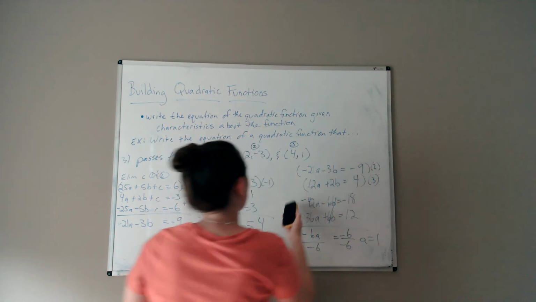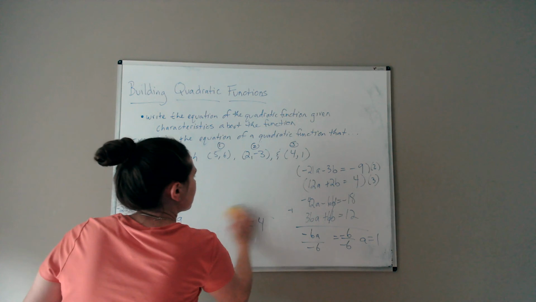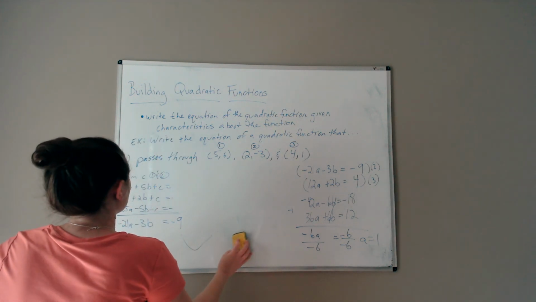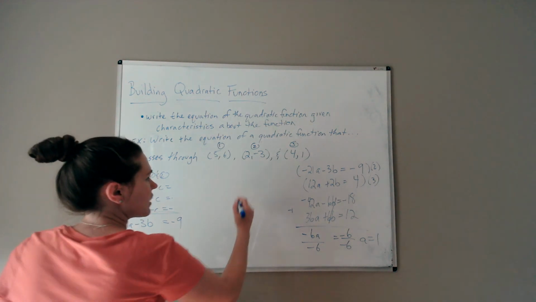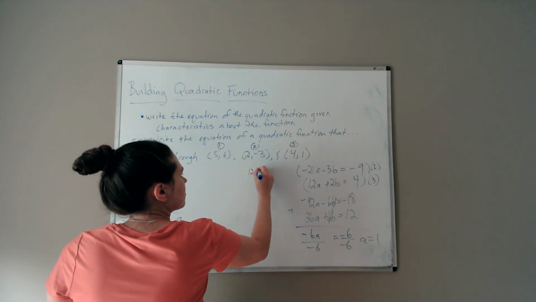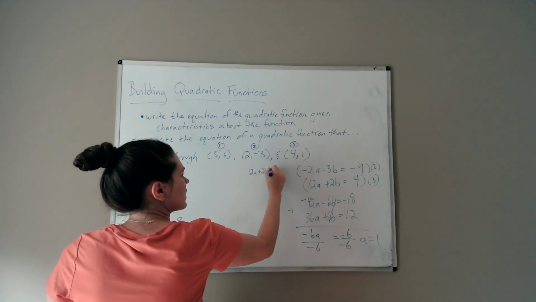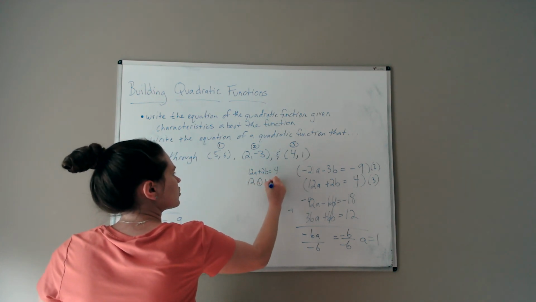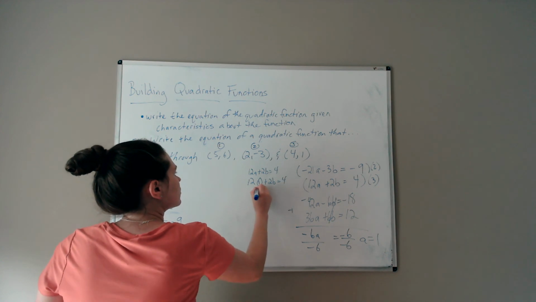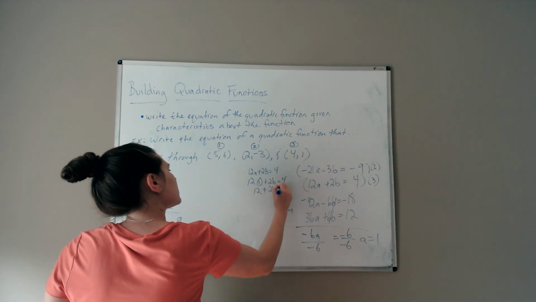So now I can solve for b. Okay, so b, 12a plus 2b equals 4. So 12 times 1 plus 2b equals 4. So that's 12 plus 2b equals 4.